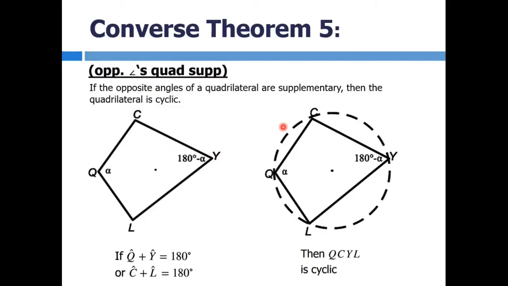But here, this is another way to prove that something's a cyclic quad. So you can either use your bow tie method, where we prove that the angles at the top of the bow ties or the angles at the bottom are equal. But another thing, if you've got a quadrilateral and you're able to prove or show that those opposite angles do add up to 180, then that means that that quadrilateral must be cyclic, or that the points are concyclic.